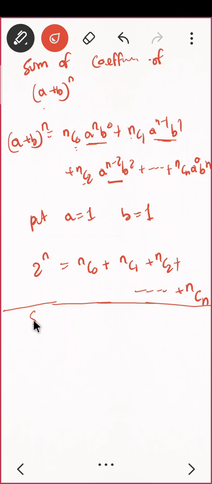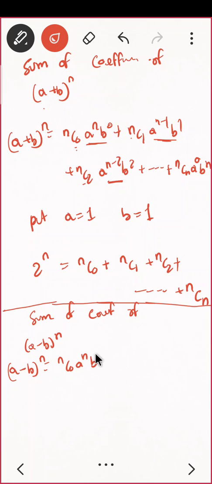Okay. Can you give me the sum of coefficients of a minus b raised to n? Again, first you will be writing the formula. What is the formula for a minus b raised to n? It is alternate: nC0 a raised to n b raised to 0 minus nC1 a raised to n minus 1 b raised to 1 plus nC2 a raised to n minus 2 b raised to 2, and so on.